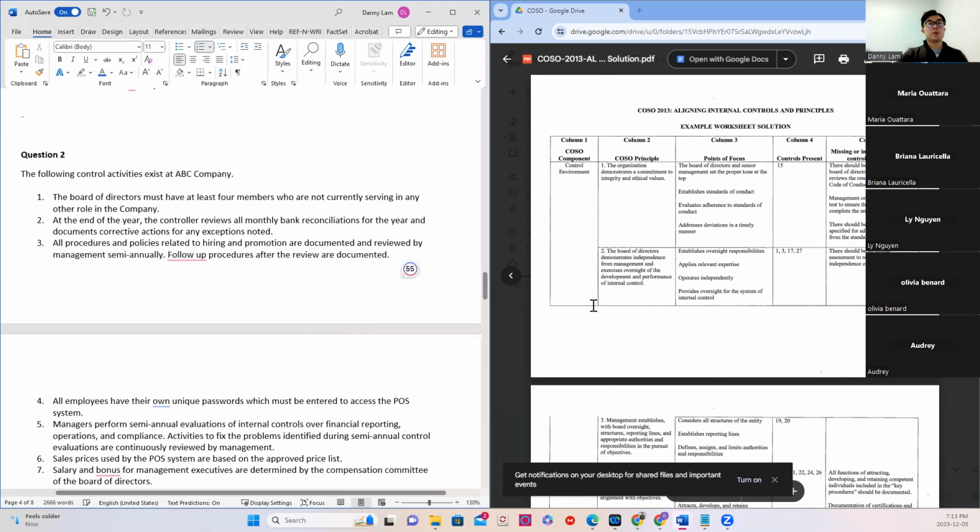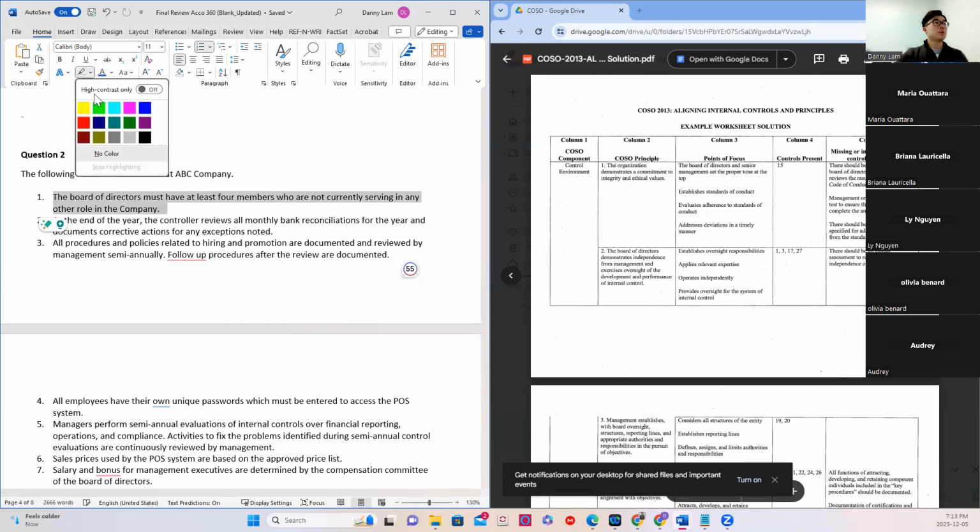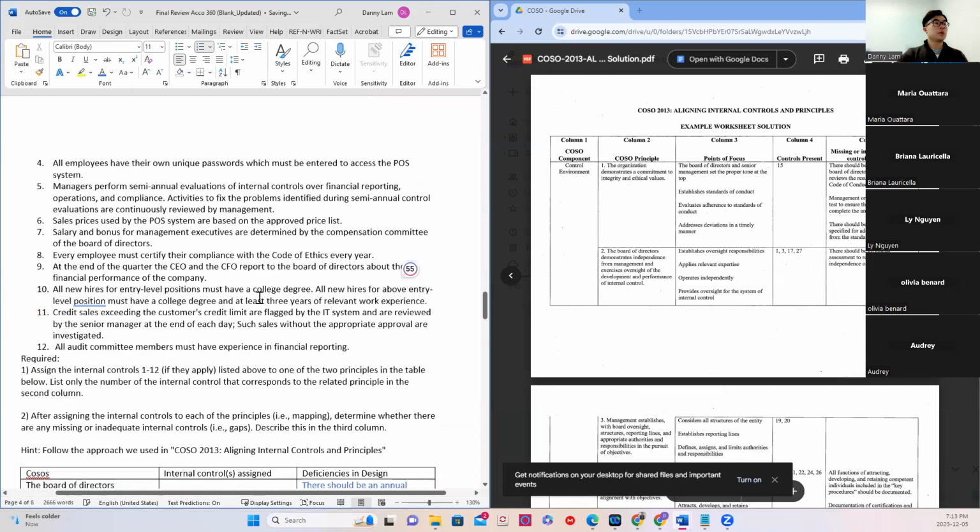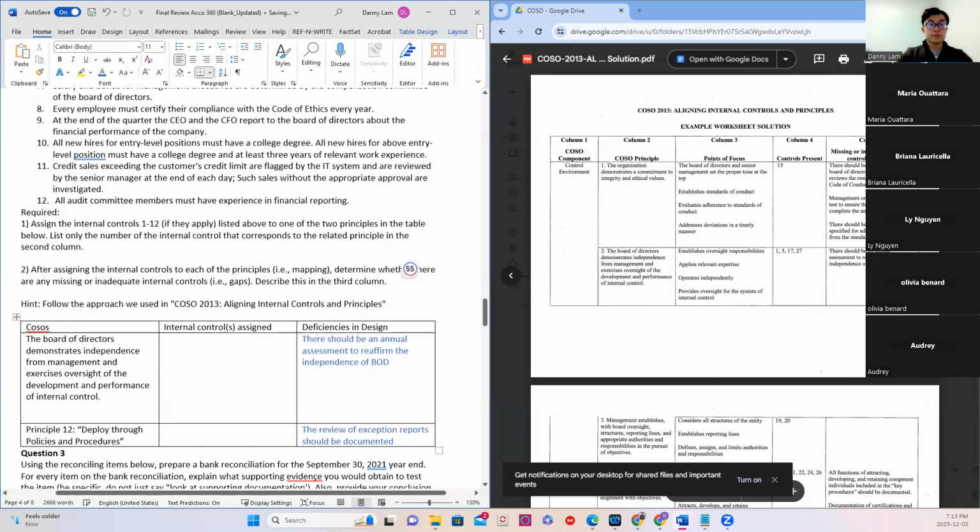Also, I put a newer version with fewer typos in the drive. I saw that the other one had typos, so I fixed it. So would that be applicable to number 2? Yes or no? Yes, because it ensures independence. Good. So we're going to take this, put yellow, and put number 1 here.